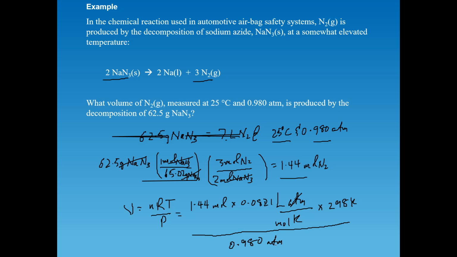As you can see, the atmospheres units will cancel out, Kelvin will cancel out, and the moles will cancel out. So your final answer is going to be in liters.